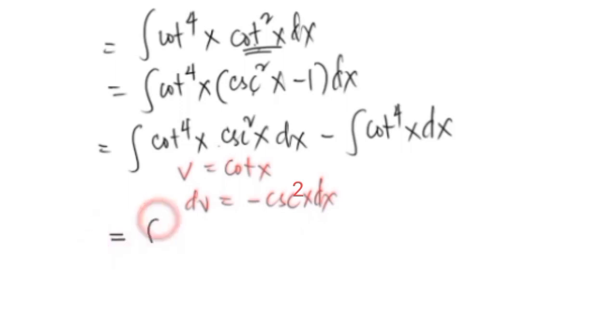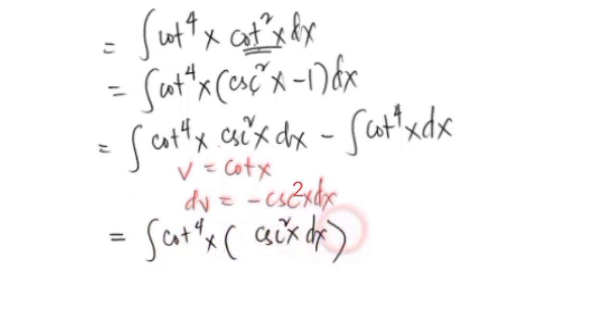And we would have the integral of cotangent to the fourth x multiplied by cosecant squared x dx. We multiply a negative here and a negative outside.